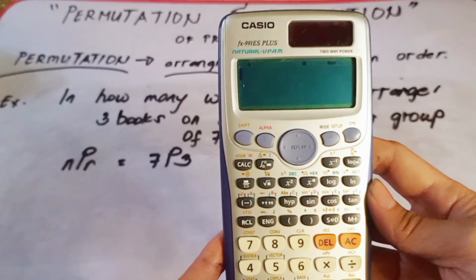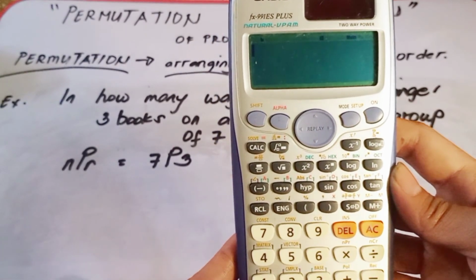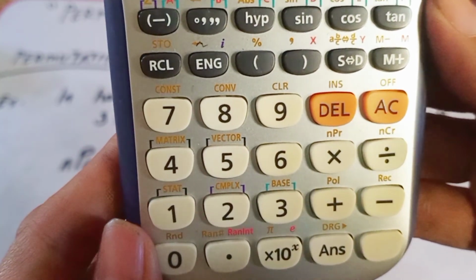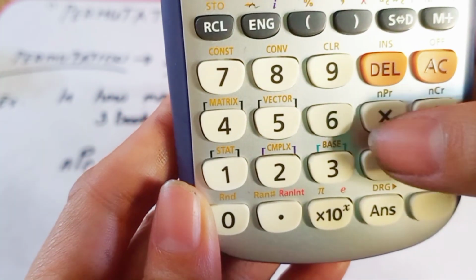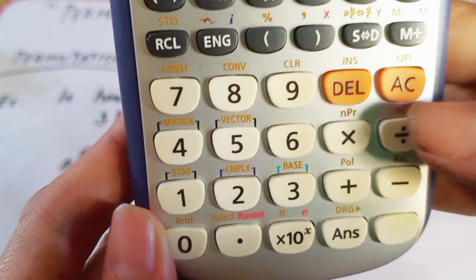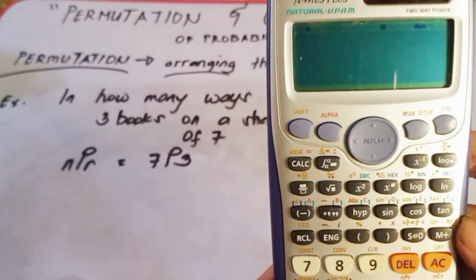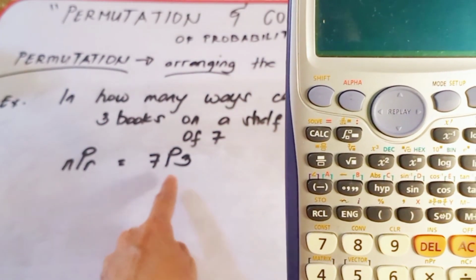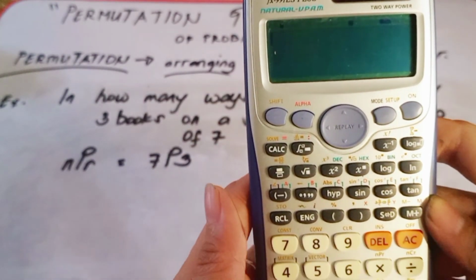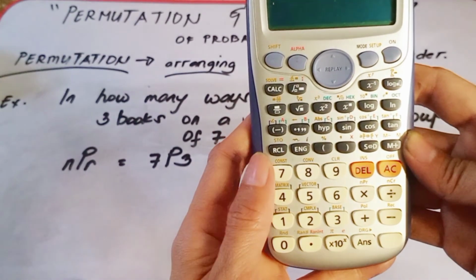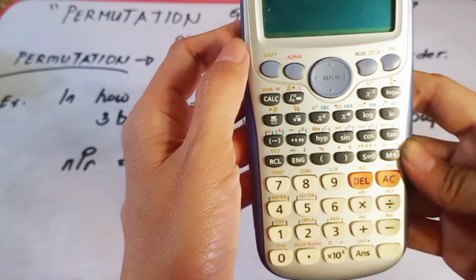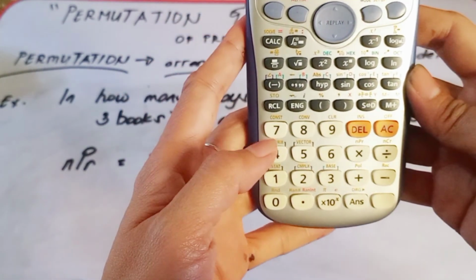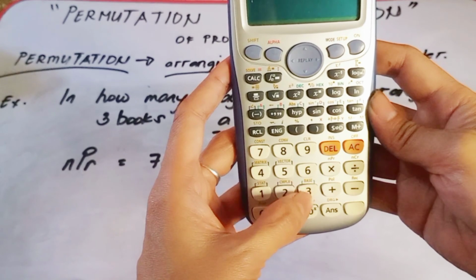Alright, so let's just use our calculator. So, in our calculator, we have here the function for the permutation. This one is the permutation, and this one is for the combination. So, in our example, let's have our example 7 permutation, and then we have 3. So let's just key in number 7 and then shift and then the permutation, that's P, and then the number 3.